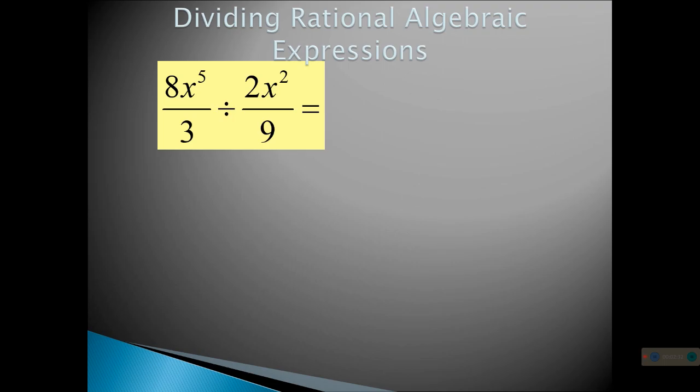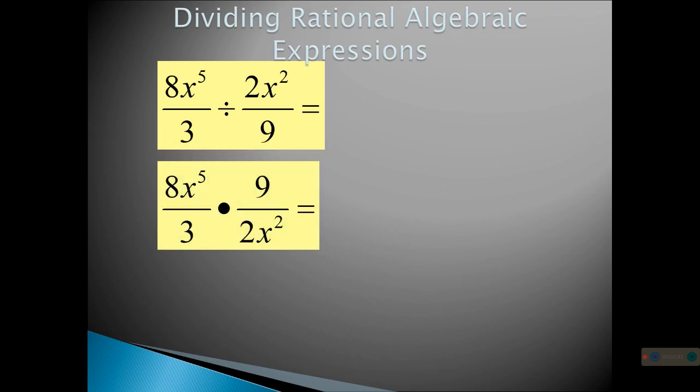Let us have the first rational algebraic expression: 8x to the 5th power over 3 divided by 2x squared over 9. Again, copy the first fraction and flip the second fraction.